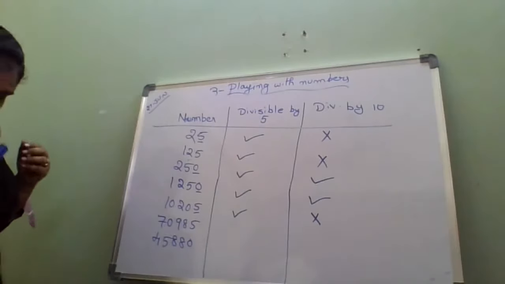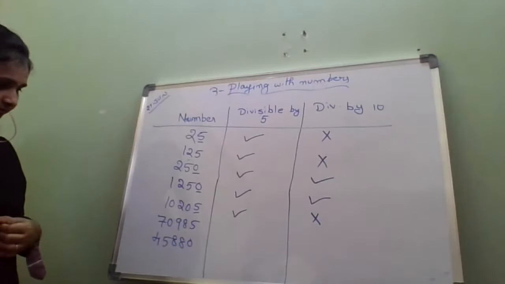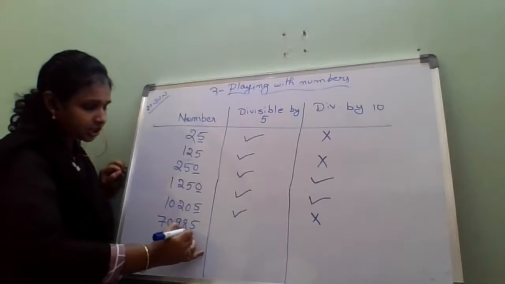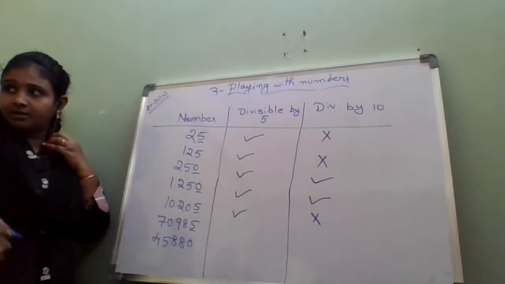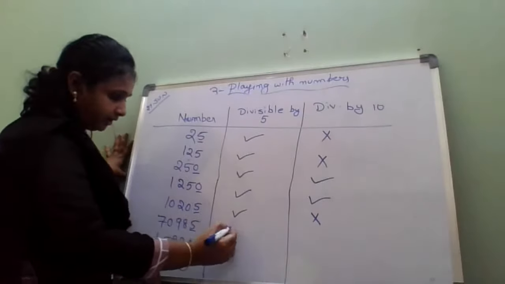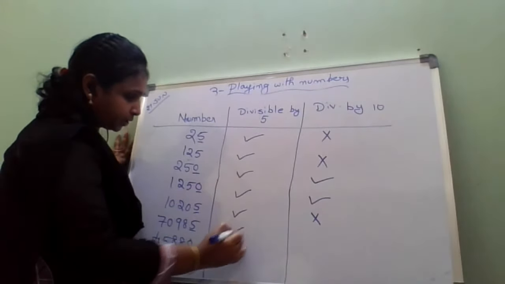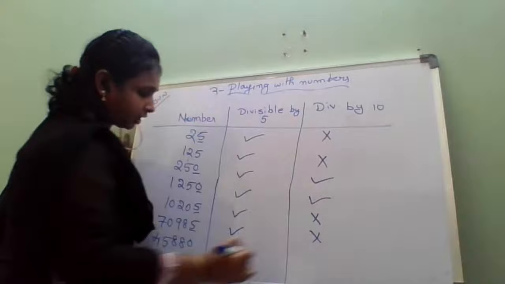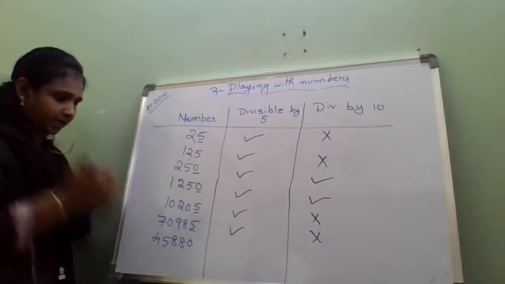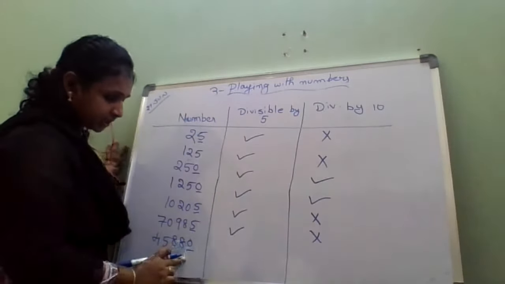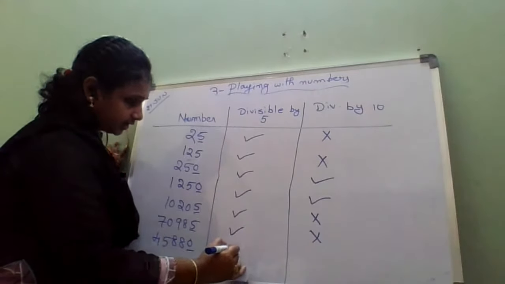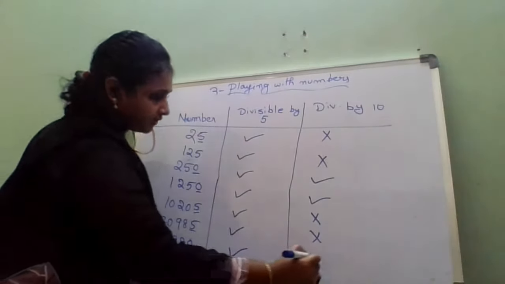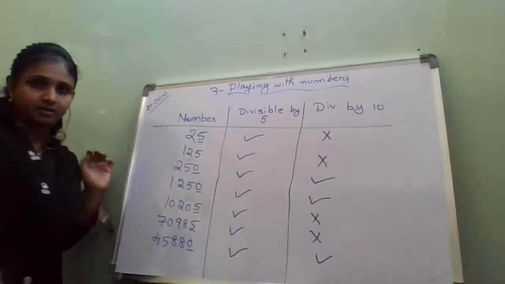Next. Check this. This one is divisible by 5 but not divisible by 10. Check this one. This one is divisible by 5 and this one is divisible by 10.